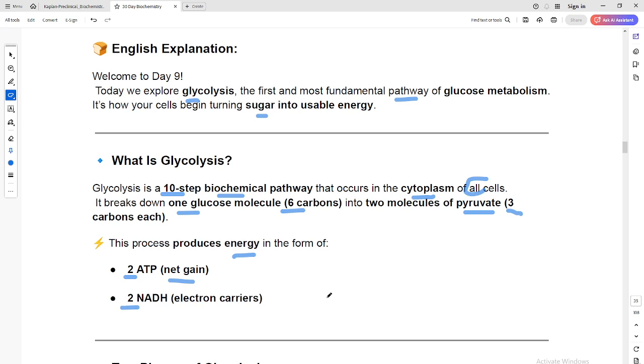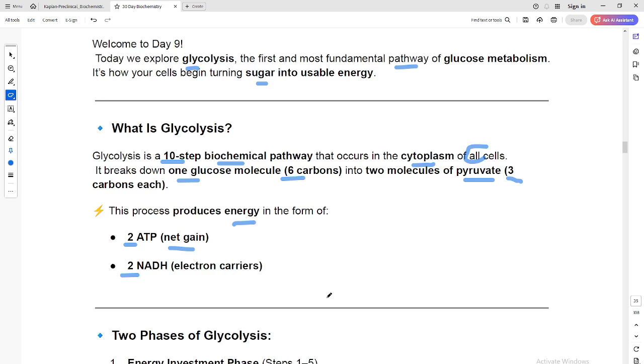Because when we enter into the details of the pathway, we invest in the first steps 2 ATP, we harvest in the last steps 4 ATP, so the net gain is 2 ATP. Also produced are 2 NADH. These NADH will be introduced to the electron transport chain, oxidized, and produce ATP.